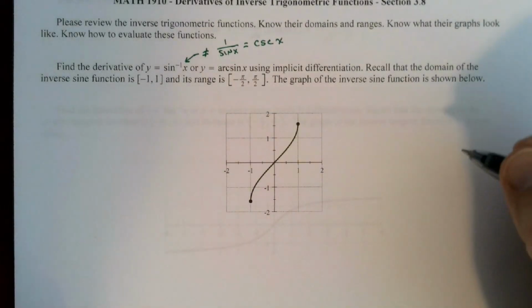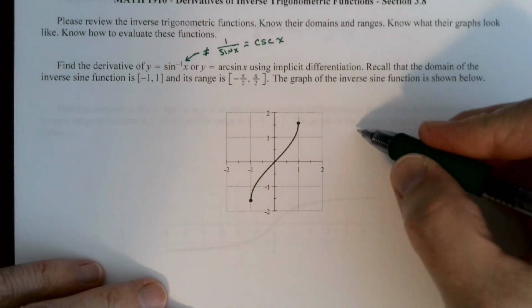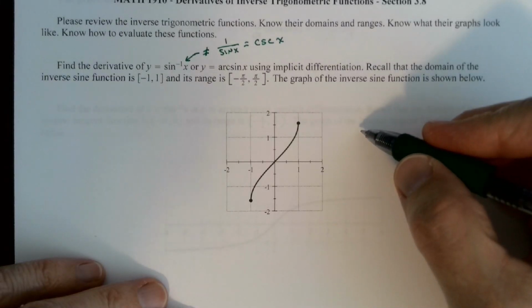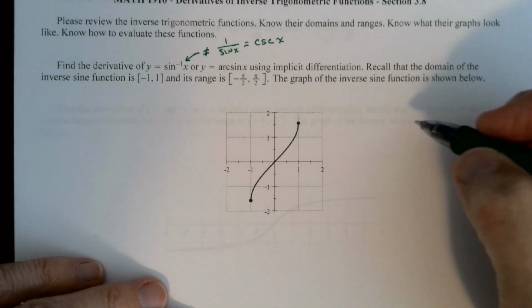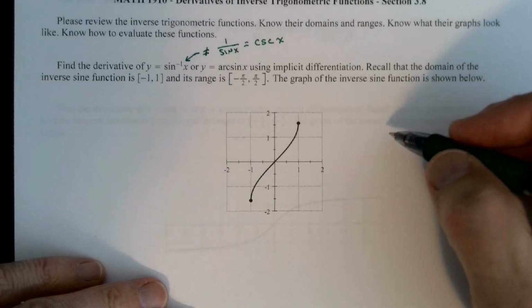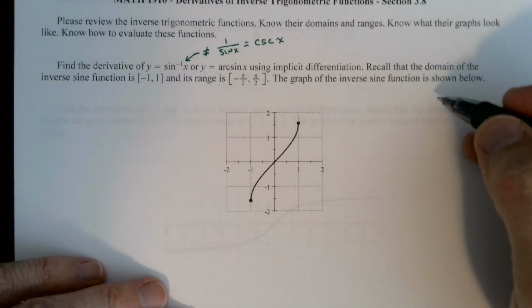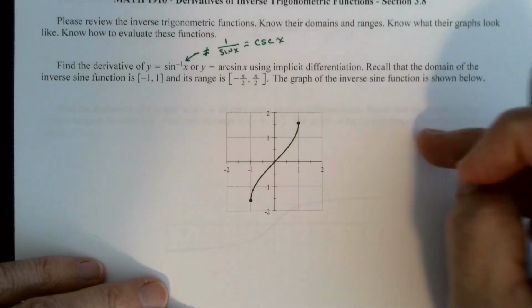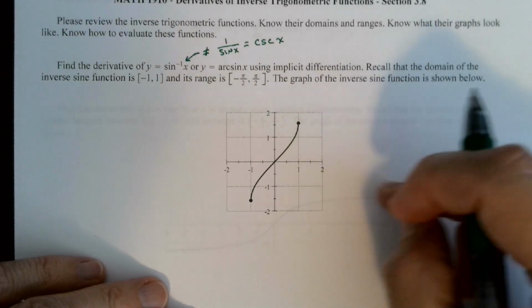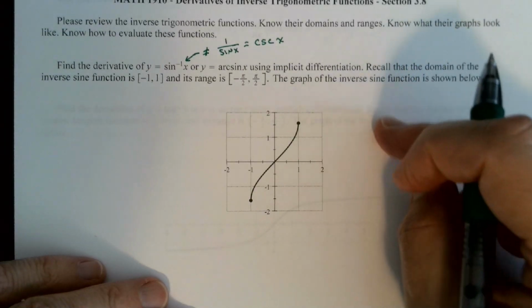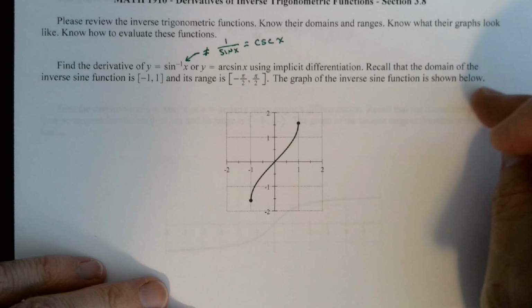And the sine function is not 1 to 1, meaning for every output there's not a unique input. For instance, sine of pi over 2 is equal to 1, but so is sine of 5 pi over 2. If I go 2 pi more, all the way around the unit circle, and that continues forever, we continually hit 1 an infinite number of times.